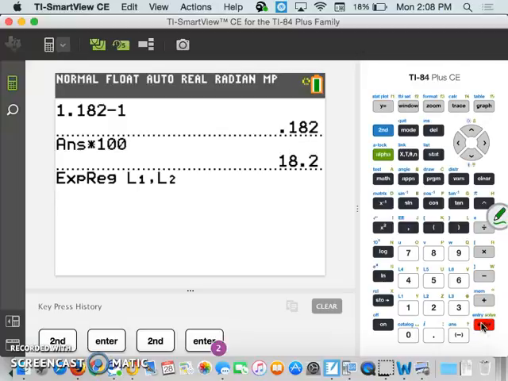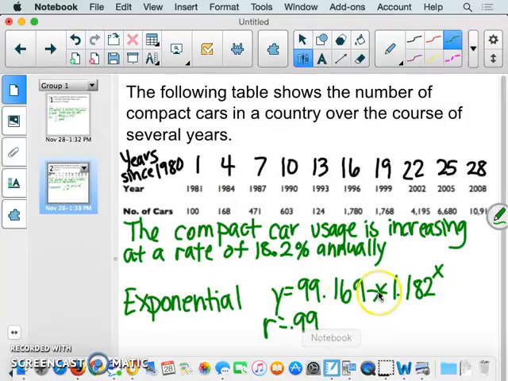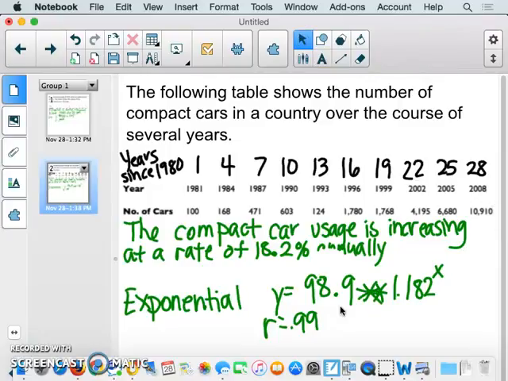So I can run regression again, and yeah, I ran different numbers earlier, so my regression equation that I recorded should actually have been 98.9. So I'll go ahead and fix that because right now I have 99.169. So 98.9. Okay, so 98.9 times 1.182.